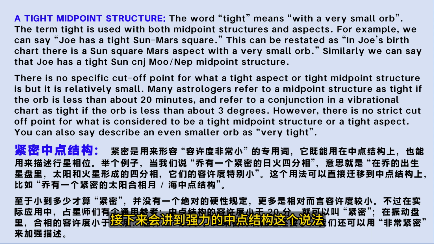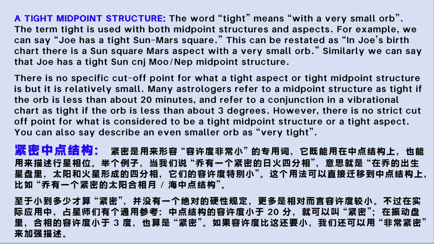Now you'll hear the term strong midpoint structure. Strong midpoint structure is not quite as specific and clear as tight midpoint structure. Tight means the orb is small. Strong usually means the same thing as tight, a small orb. So if you say he has a strong Sun square Mars, it means the orb is small.